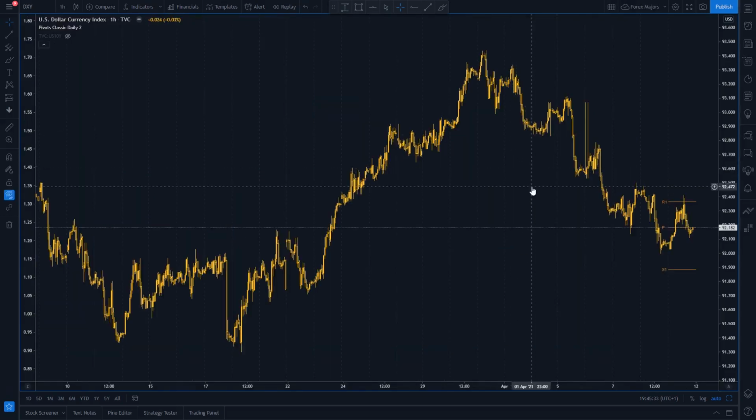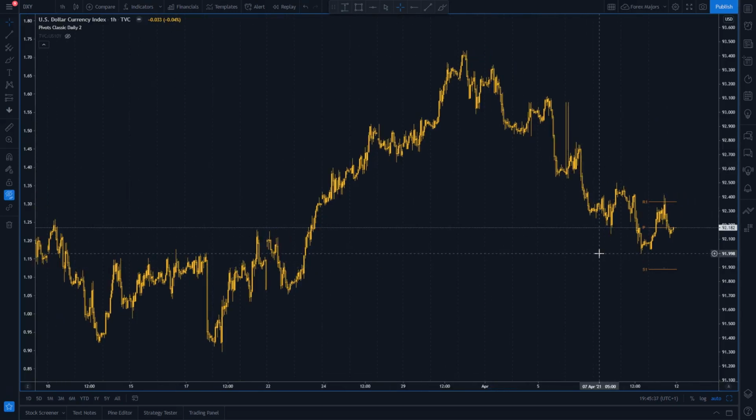Now, what is important to keep in mind about the US dollar is that the medium-term bias for the greenback is still tilted to the downside and intact, especially in terms of the market's expectations for that reflationary environment as well as that global synchronized economic recovery.